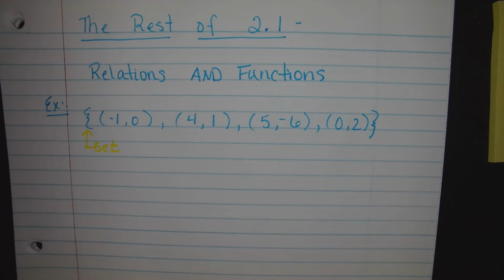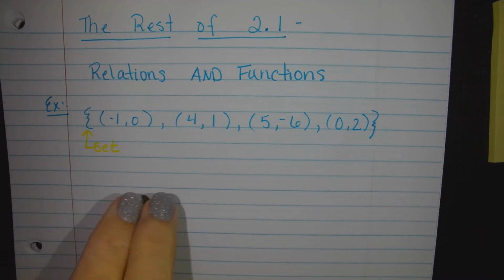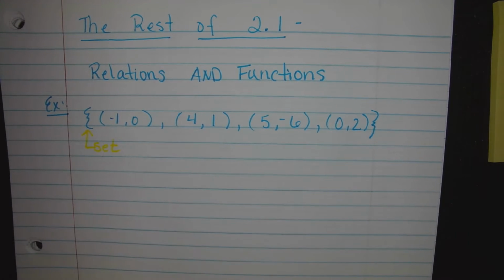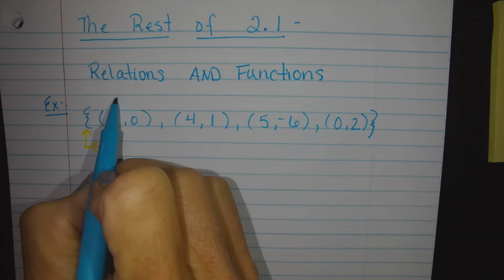We're not plotting them right now. Using this set of points, I'm going to ask you several questions. What's the domain? What's the range? And is this a function? Yes or no. You remember the vertical line test I did? There's another way to do it, and I'm getting ready to tell you. Okay, let me back up.